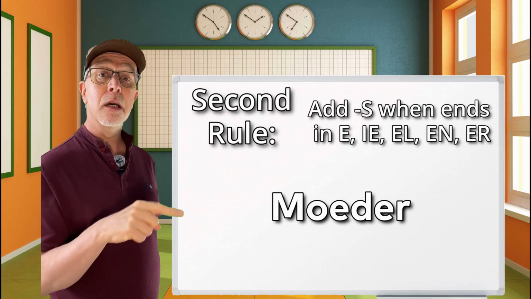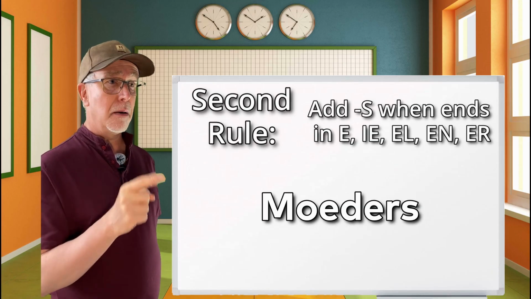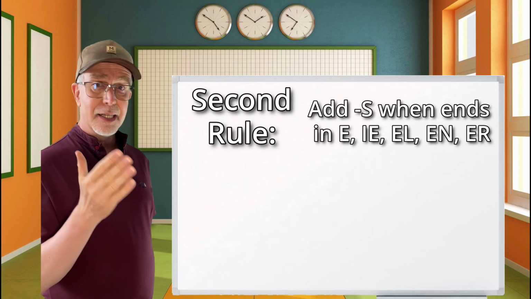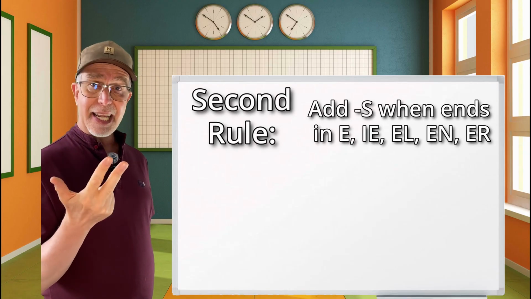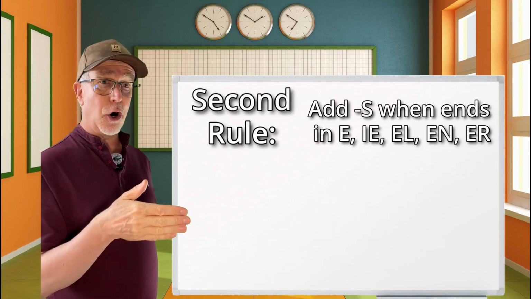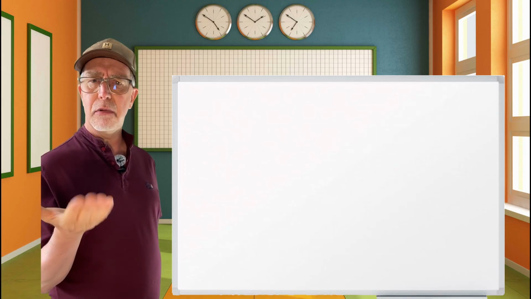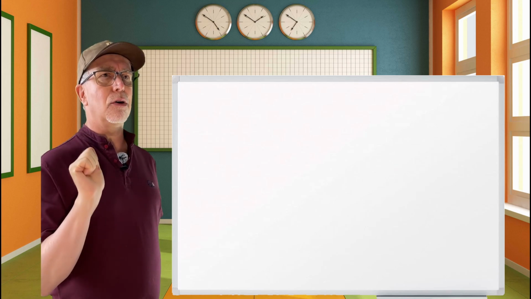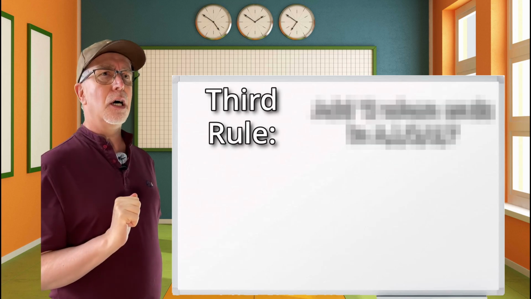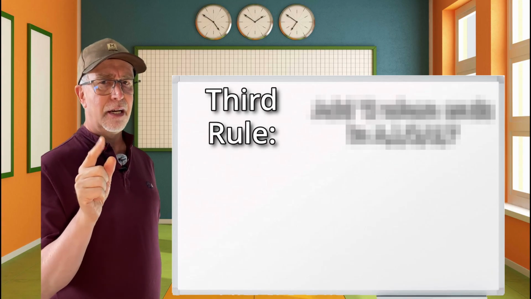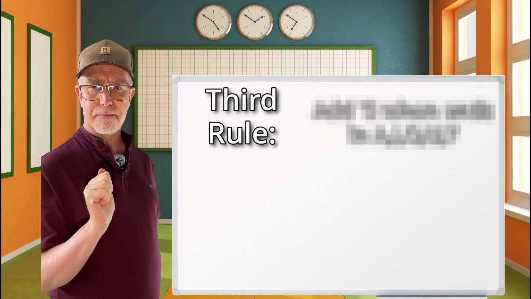Moeder, moeders. Mother, mothers. As you can see, e, ie, el, en, we all add s. Easy peasy, lemon squeezy. Okay, now rule number three. Rule number three is a little bit different from what you might know from English.